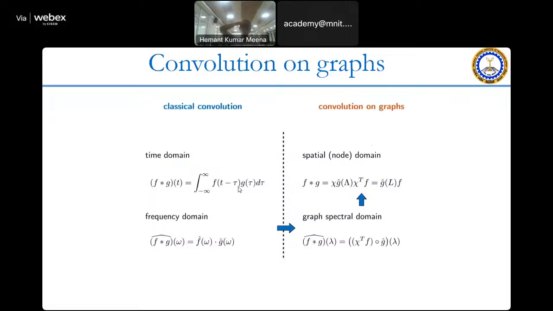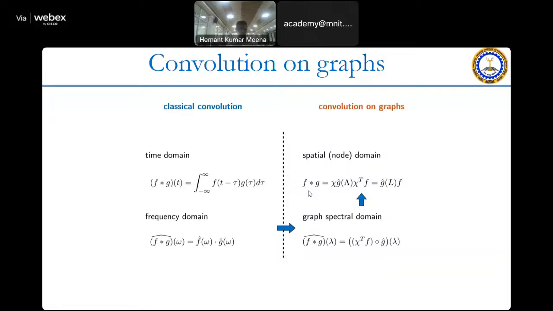If you recall, t minus tau is the shifted, flipped version, and then in the frequency domain it becomes a multiplication. But here it is not the time domain, it is the spatial domain, because all the vertices are represented in the spatial domain. What we are saying here is f convolved with g.